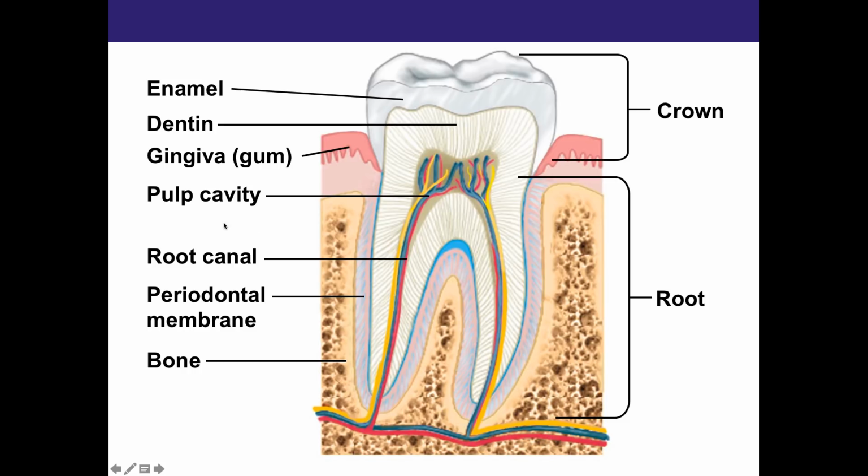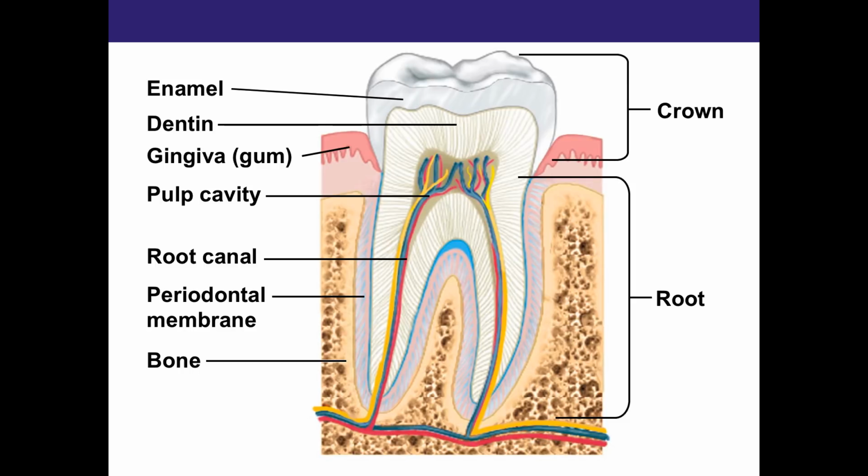So the gingiva is actually the gum line. Pulp cavity is where all the living tissue is. This is where all of the blood supply, the lymph material, and the nerves lie.